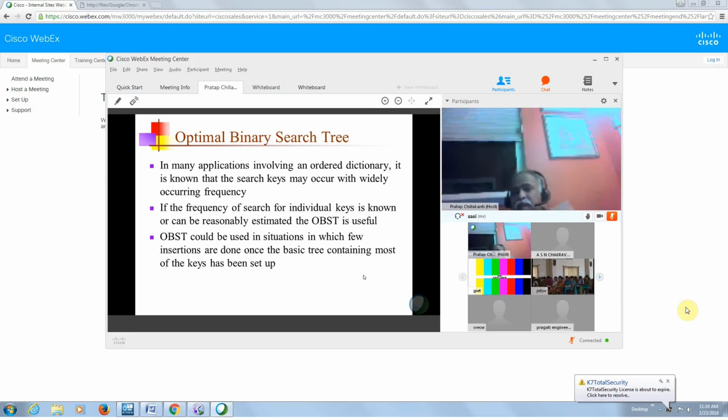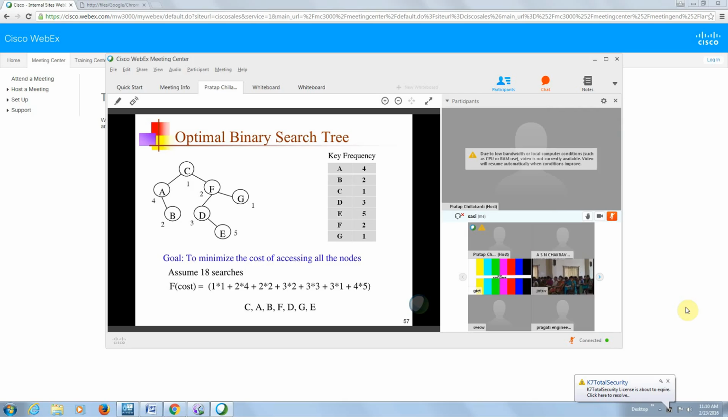It can change, so it doesn't work optimally in those situations. When the tree is built in steady state, then this algorithm and this tree make sense.